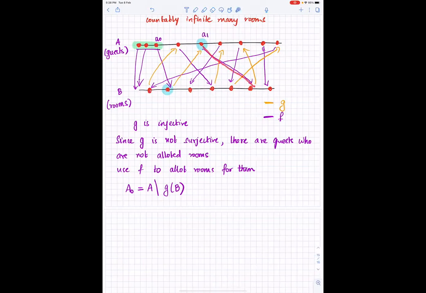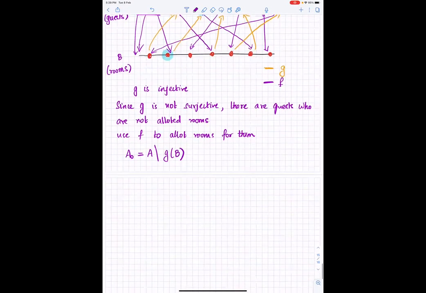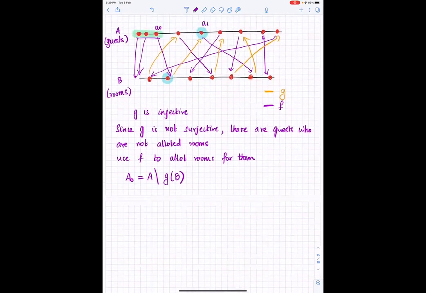To wherever f sent you, right? And this adjustment you can keep doing. Whenever somebody rings the calling bell, you tell them, okay, this person gets displaced to another room as defined by f. So you could actually assign f of A0 to be the room for A0.